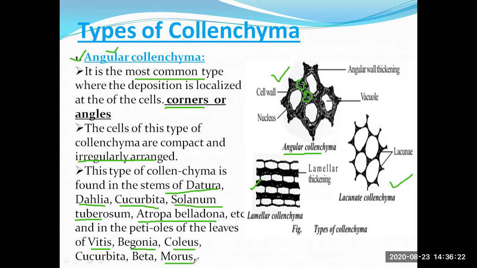At least you have to remember three or four examples. So only three points: where the thickenings are found, how the cells are arranged, and the examples and diagram. This is about angular collenchyma.